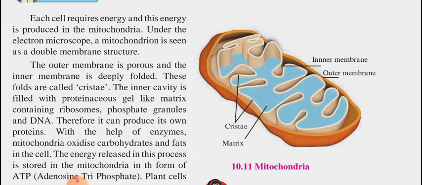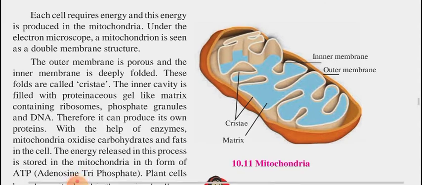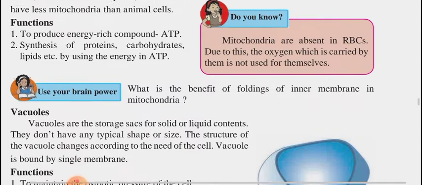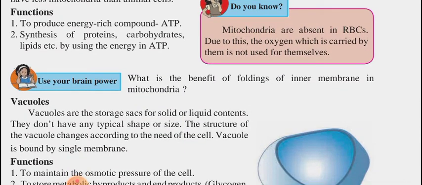Every cell requires energy for its work, and this energy is present in the mitochondria. Now, function: to produce the energy-rich compound ATP. In the form of ATP, the energy gets produced.